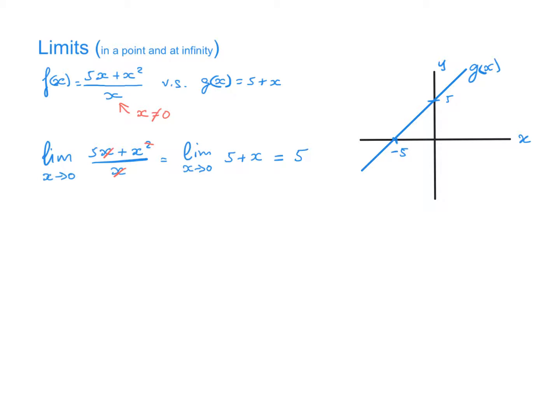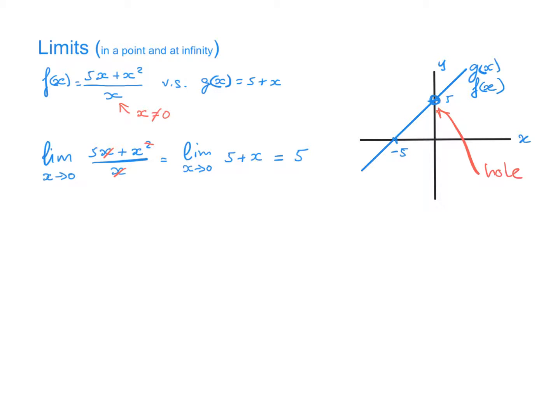Now for the graph of the function, that means that right at the point of 5, there is a hole in the function. So I'm going now to talk about not g of x, but f of x. For f of x, there is a hole in the function, because x equals 0 doesn't exist.